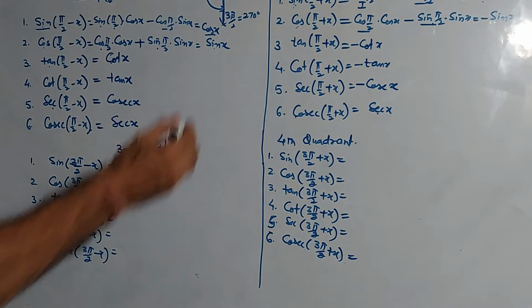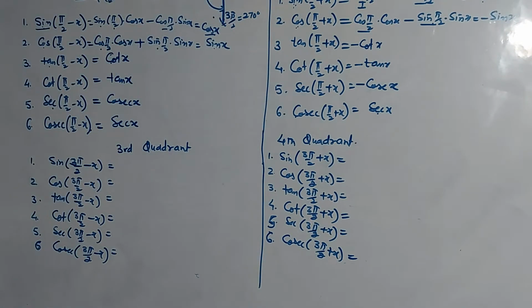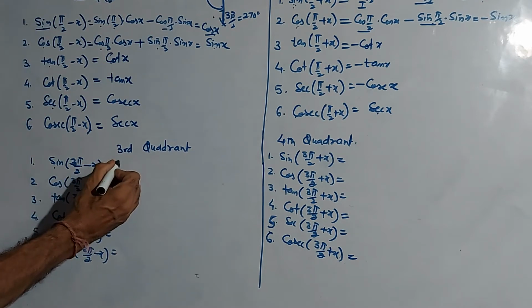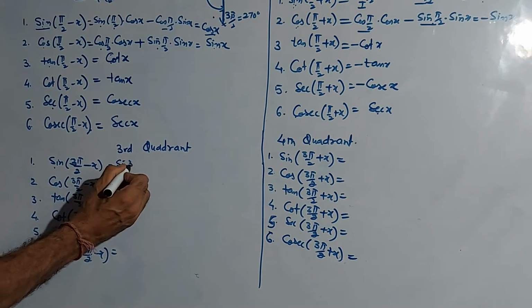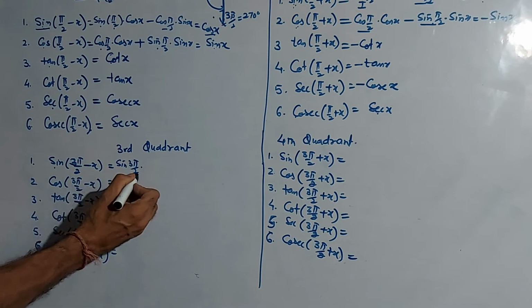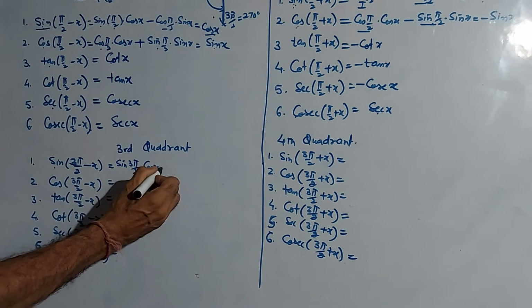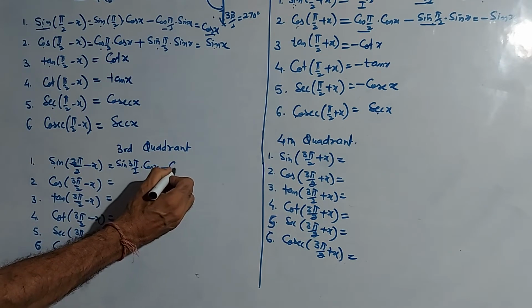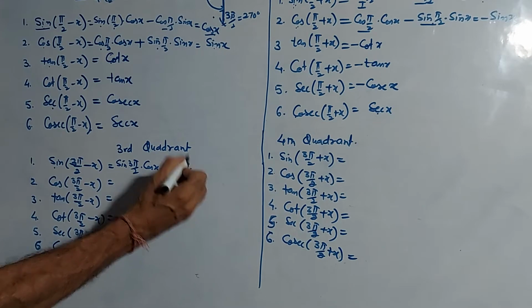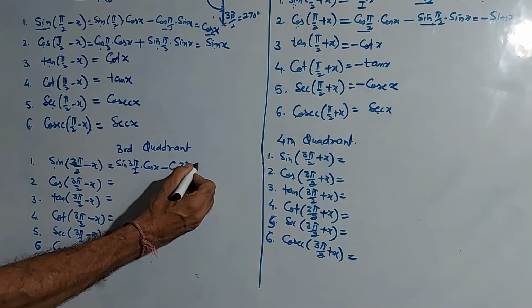Now see in the third quadrant here, sine 3 pi by 2 is again the same value, minus 1. Now we can write sine 3 pi by 2 into cos x minus cos 3 pi by 2 into sine x.